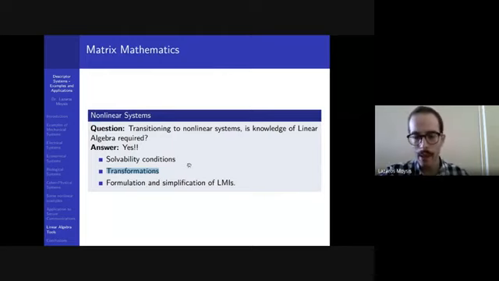And to solve a linear matrix inequality, or to simplify it, again, you need linear algebra tools. So all of you, even if you go on to study nonlinear systems, whether they are mechanical, biological, economical, or whatever, don't think that linear algebra tools are not going to be useful. Indeed, they are going to be very useful for you, even if you go on to study nonlinear systems.